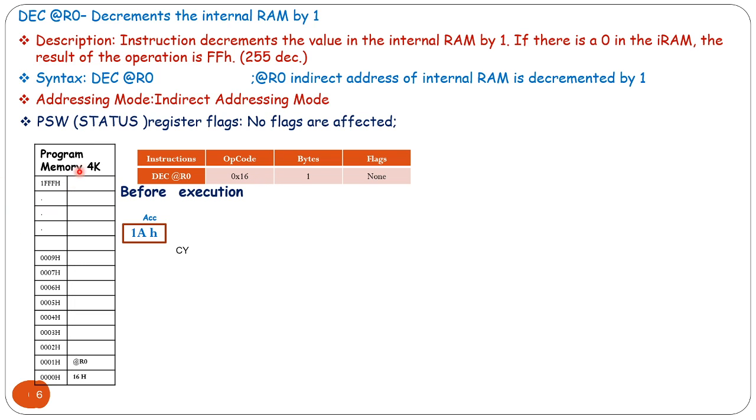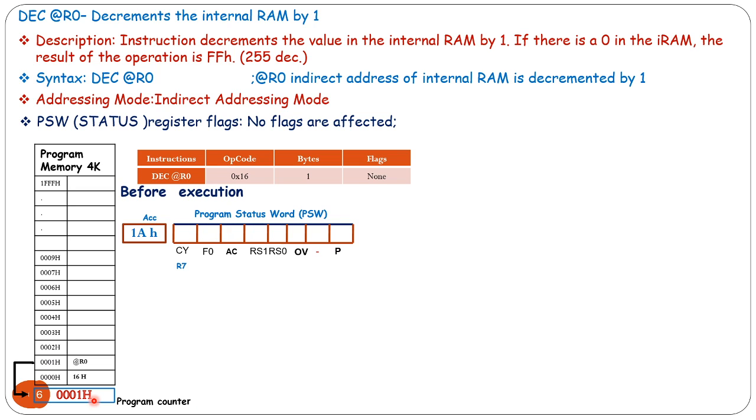So program memory 4K will have 16H and the content of at the rate R0. The content of the program counter register is 0001H. Now the PSW register is needed here.